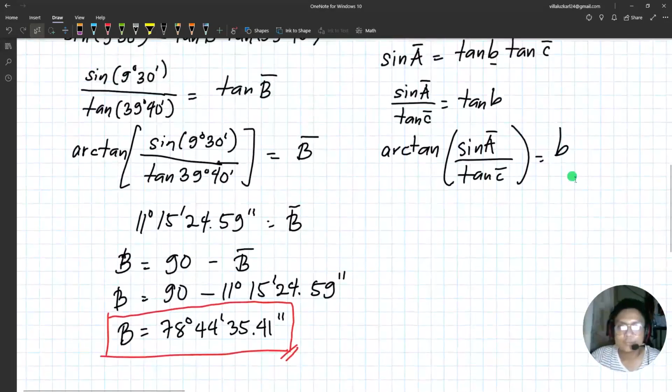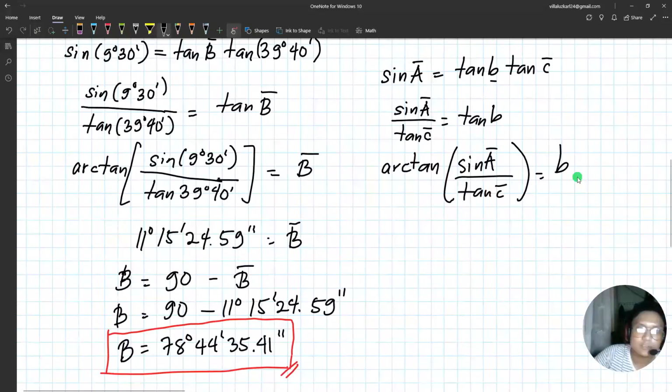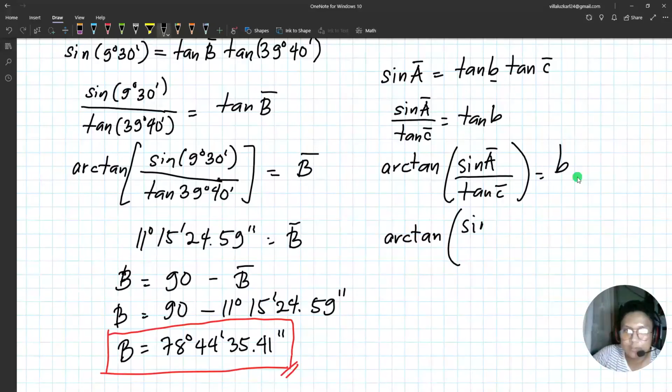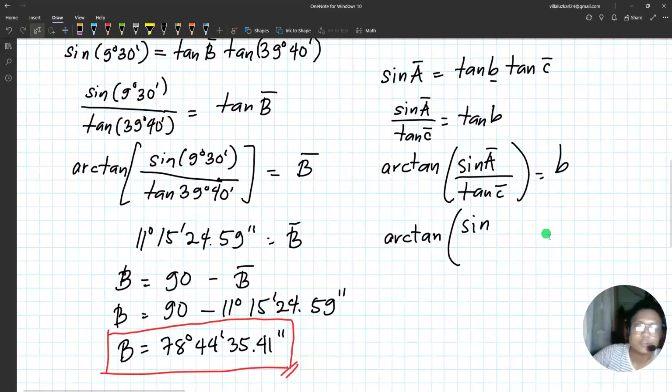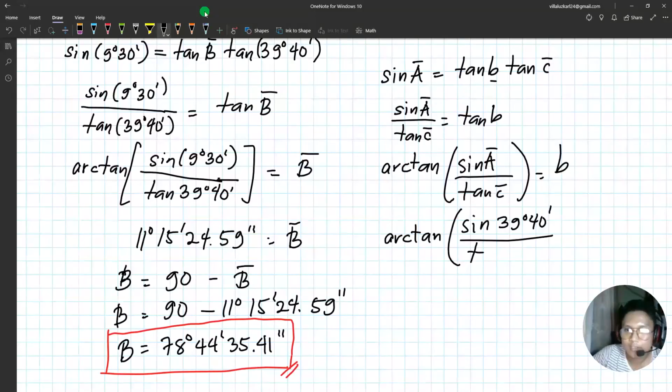Substitute the values. We have arctangent of sine of bar A, which is 39 degrees and 40 minutes, divided by tangent of 9 degrees and 30 minutes.